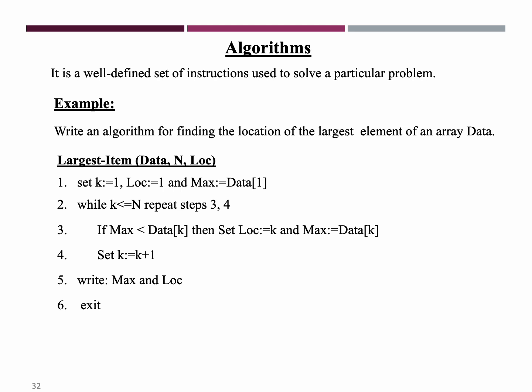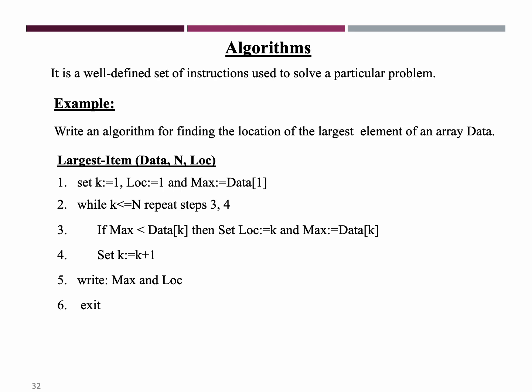Now let's look at an example of a simple algorithm for finding the location of the largest element in an array, called the largest item algorithm. The algorithm is designed as follows. First, initialization. Start by setting k equal to 1.